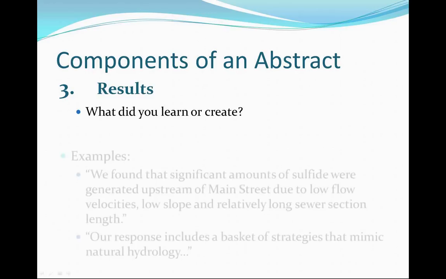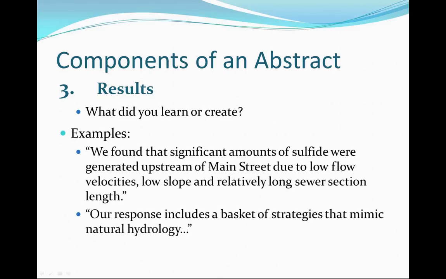So some examples are: we found that significant amounts of sulfide were generated upstream of Main Street due to low flow velocities, low slope, and relatively long sewer sections, or our response includes a basket of strategies that mimic natural hydrology. I would also point out that this first bullet came from an abstract that actually had a whole series of bullets. So they did the odor testing, and then they came up with a whole bunch of conclusions. And that's fine as well, as long as you keep it within the 300-word limit of our abstracts.